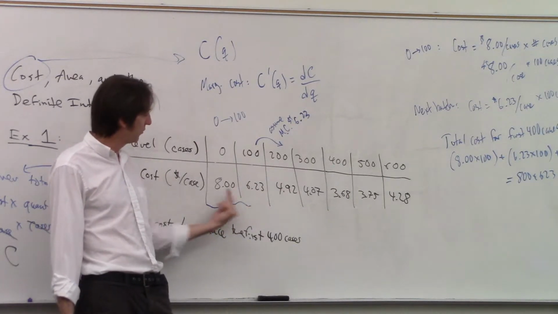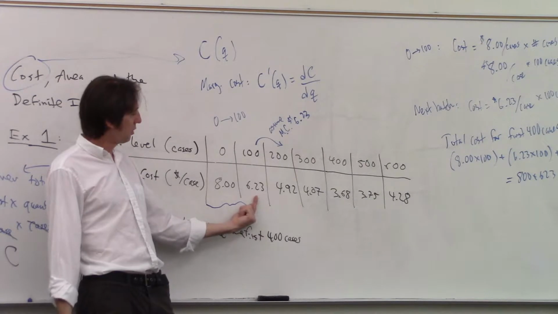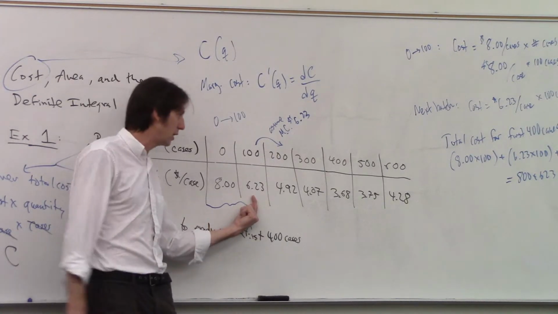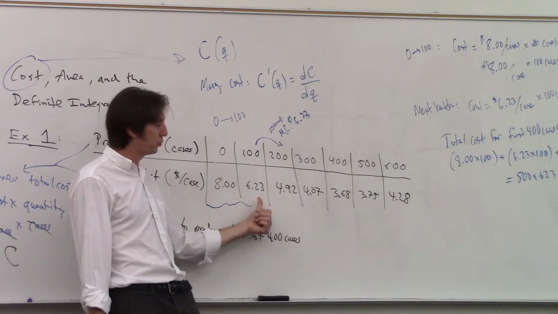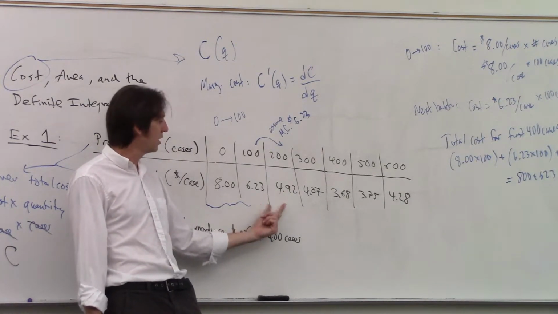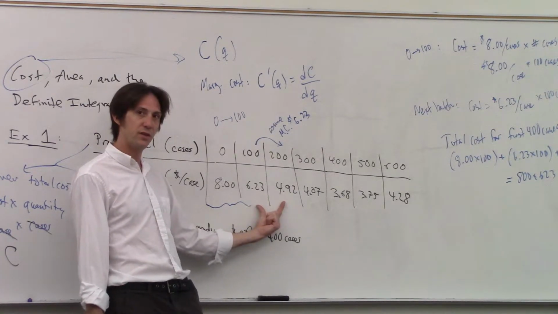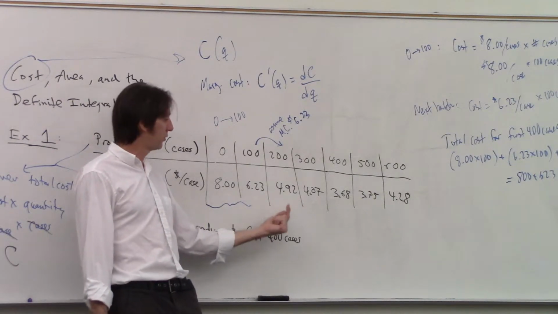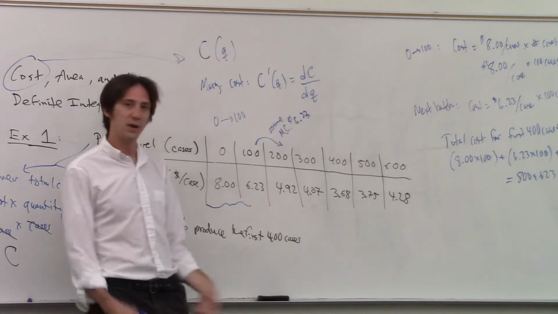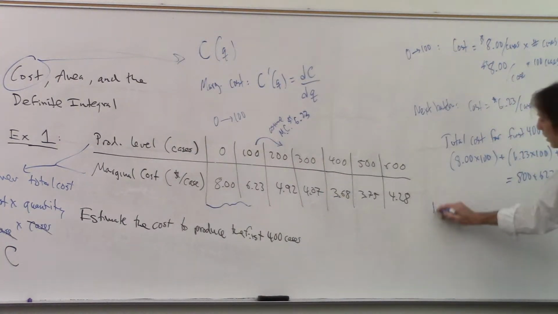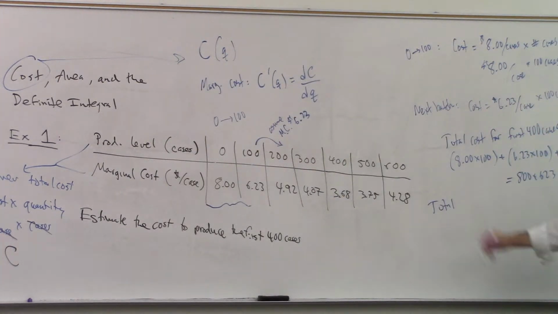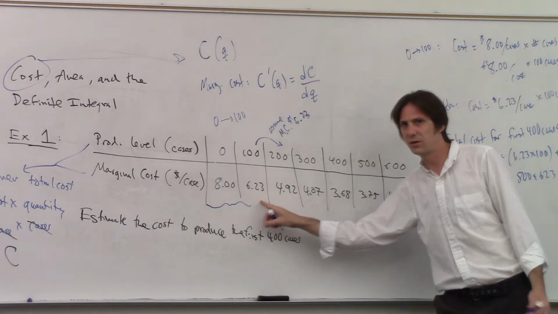In other words, maybe instead of using the 8, I should multiply the 100 by 6.23. Going from 100 to 200, maybe instead of using 6.23 as the marginal cost there, I should assume for this batch that the constant marginal cost was $4.92, etc. And so this is a different estimate, using what we can think of as the other endpoints of the interval.